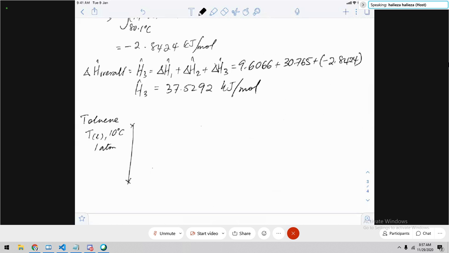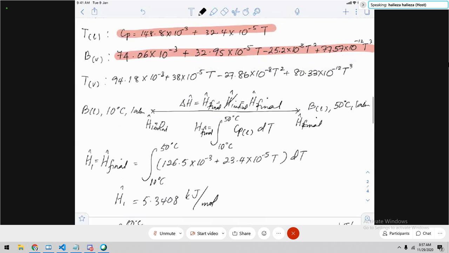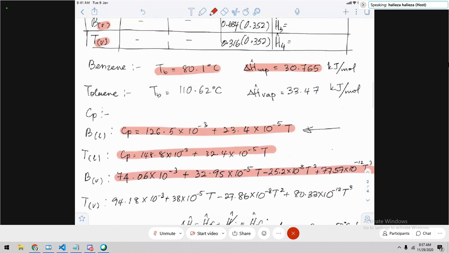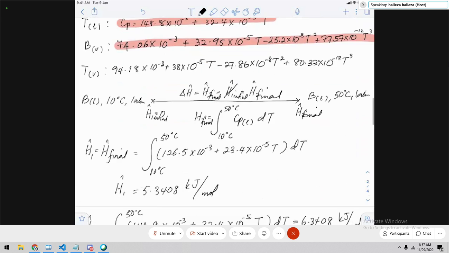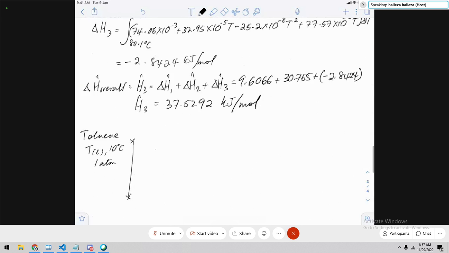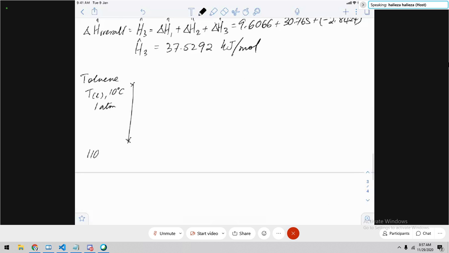The boiling point of toluene, which we jotted down earlier, is 110.62, and the latent heat is 33.47. So we're going to repeat the same steps: toluene liquid at the boiling point of 110.62 degrees C, 1 atm.